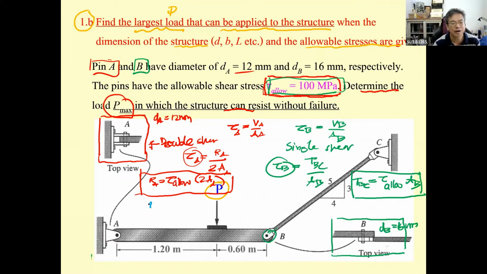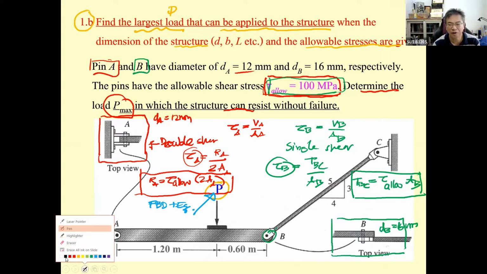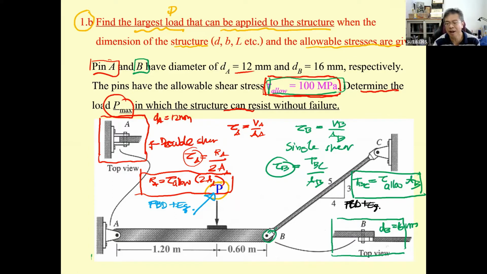You use the free body diagram and equation of equilibrium to determine the P. Over here, again, you also use the free body diagram and the equation of equilibrium to determine the P. So you're going to have P based on the force at B.